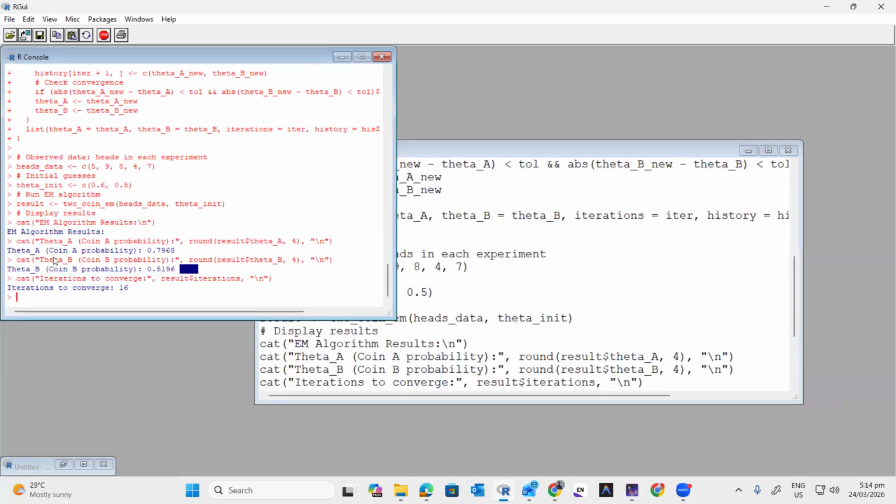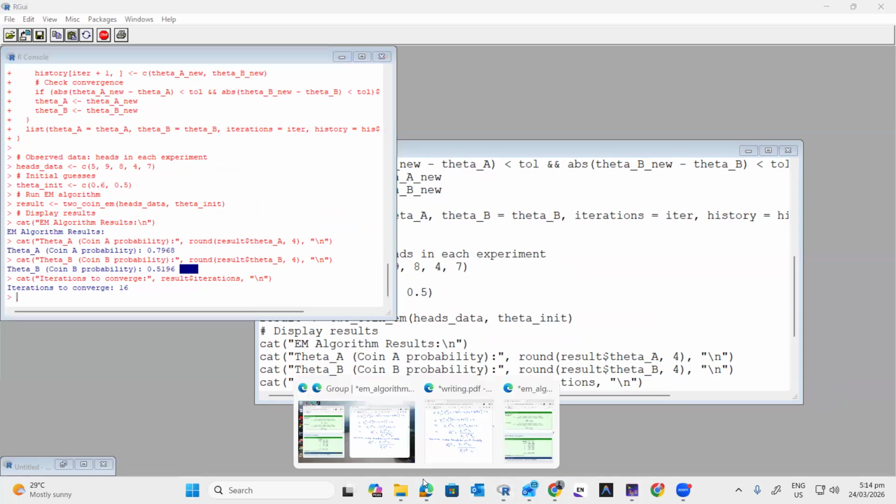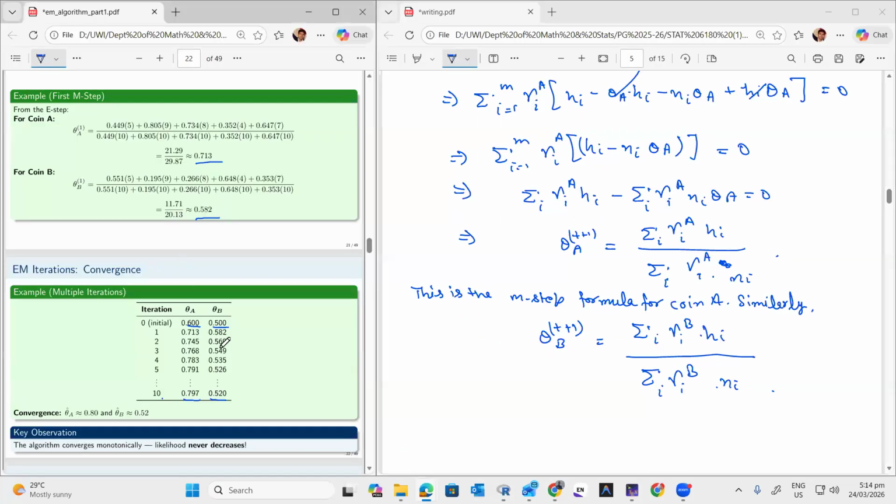All right, so this is theta A, that is 0.79, and theta B is 0.5196. Here, if you just see, we had 0.797 and 0.520.